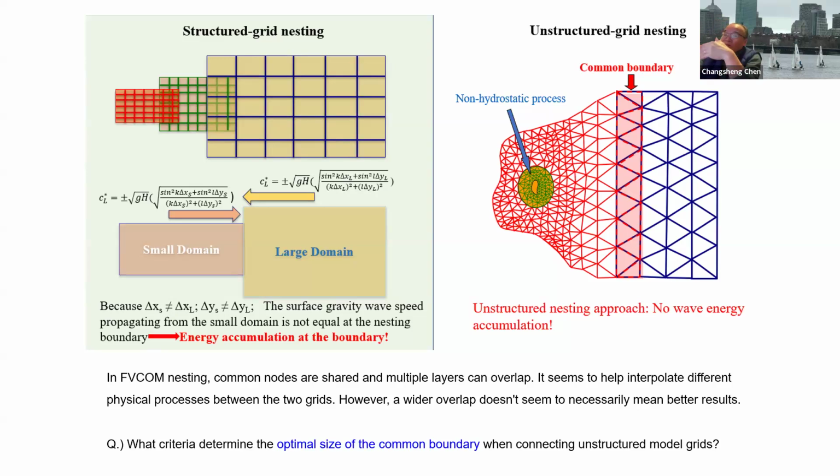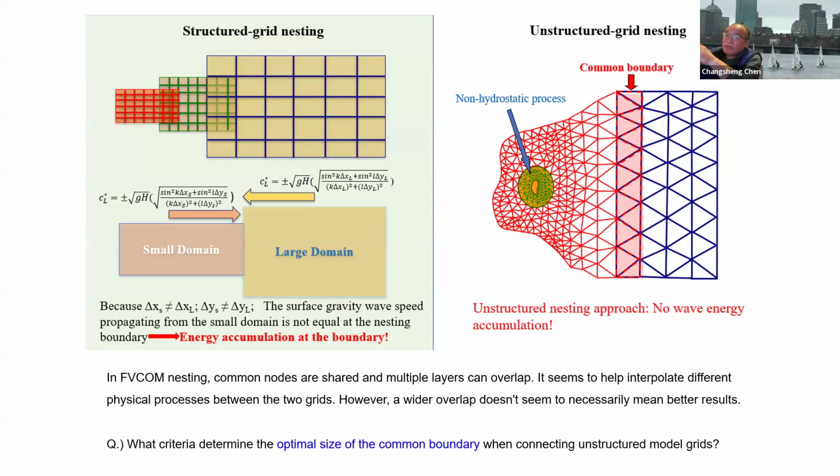Because the numerical method does not always give the result of true physics, right? There is numerical error inside. This error causes the wave propagation speed to differ. So if you nest two grids together, jumping from small to large directly, you get an energy accumulation.